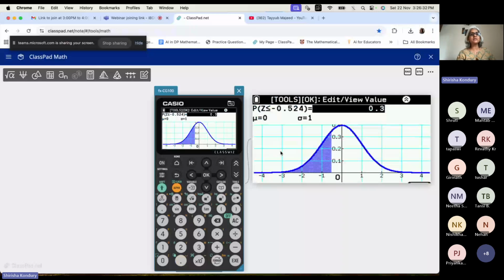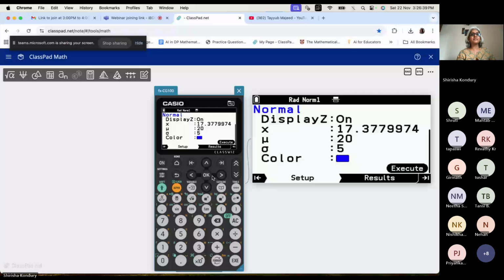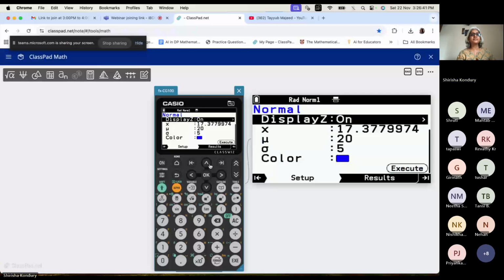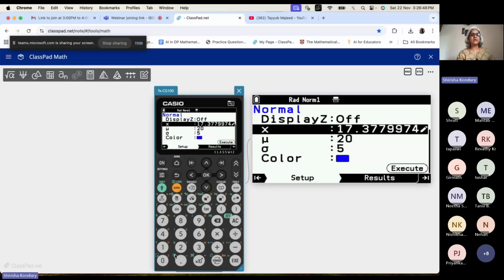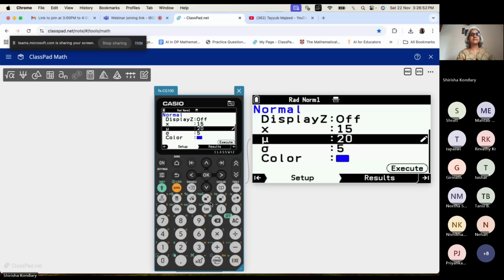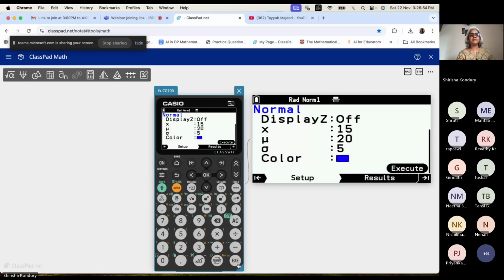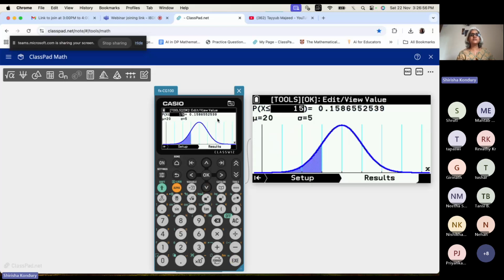If you don't want the z-scores and you want the x-scores, then you can keep this off. And now display whatever you want. Say, for example, this is 15, and so now it is going to give you x.